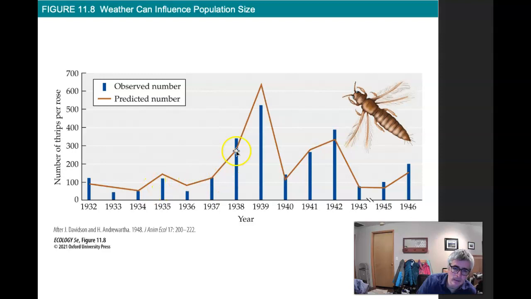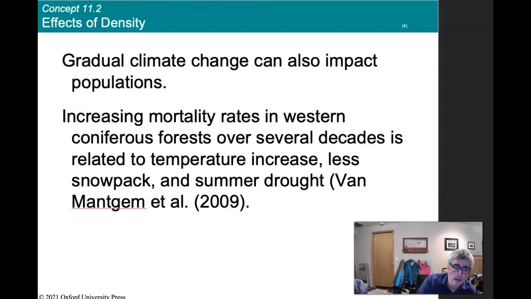Here's that example here. The observed and predicted number based on the weather. That really populations are tracking weather, not tracking density of other members of their population. Gradual climate change can impact populations, increasing mortality rates in western coniferous forests over several decades.